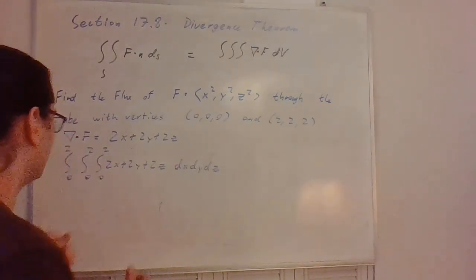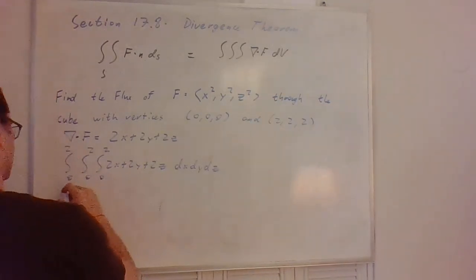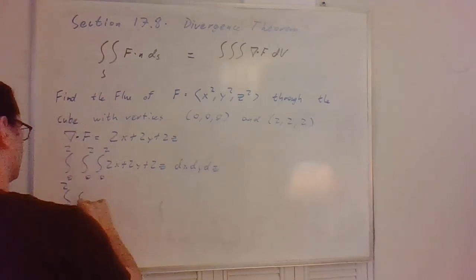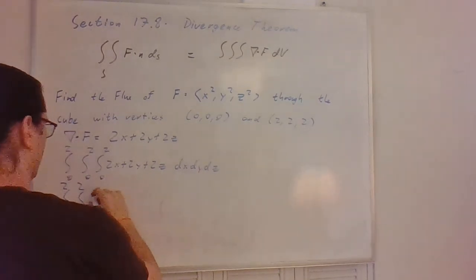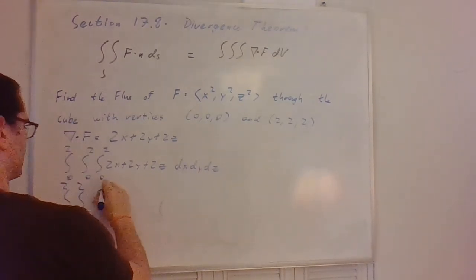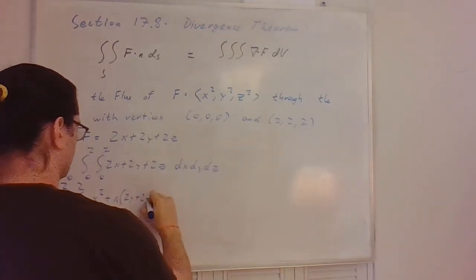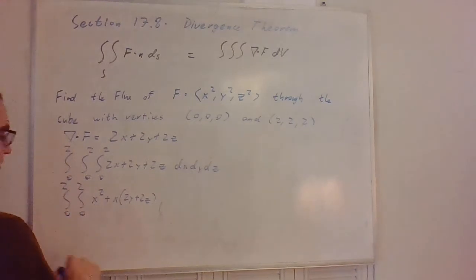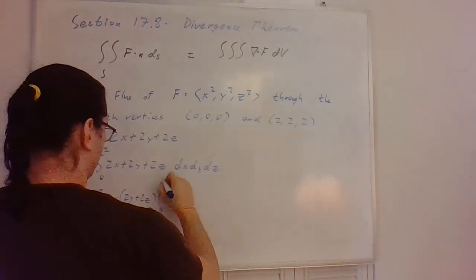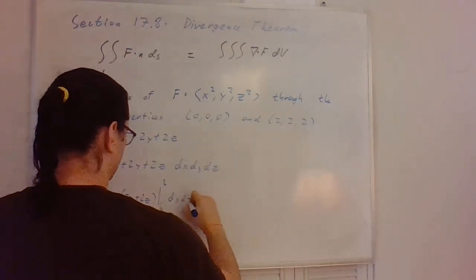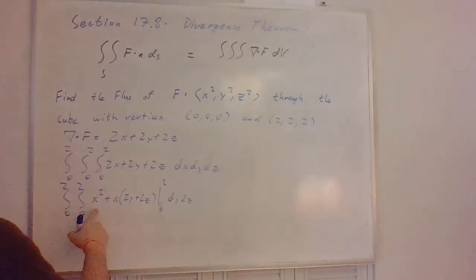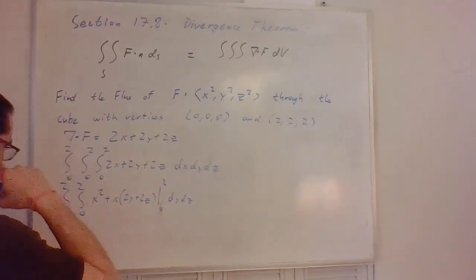So here we are. The integral of this with respect to x, with the limits still 0 to 2, is x squared plus x times 2y plus 2z, from 0 to 2. So 4 plus 4y plus 4z.